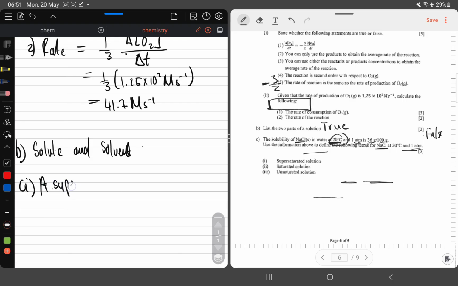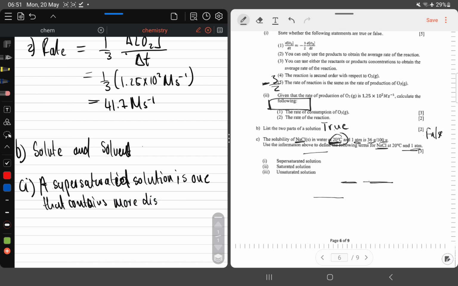So we say a supersaturated solution is one that contains more dissolved solute than what is normally soluble at a given temperature.